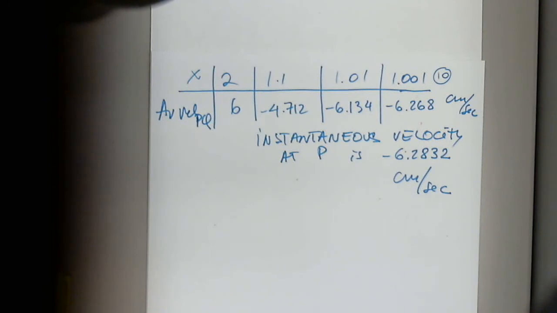So the answer saying the instantaneous velocity at P is the same thing as saying the slope of the tangent line. Exactly. Let's write that down. That was my next step.